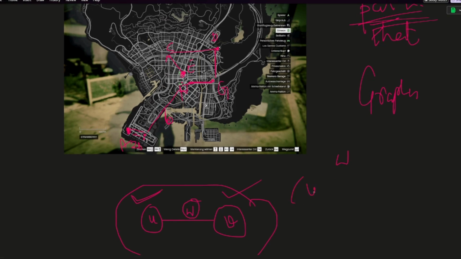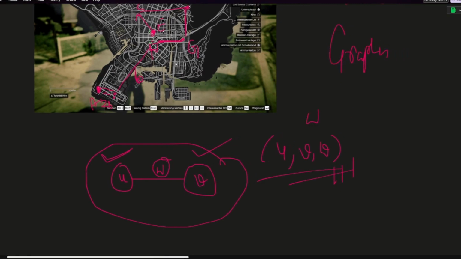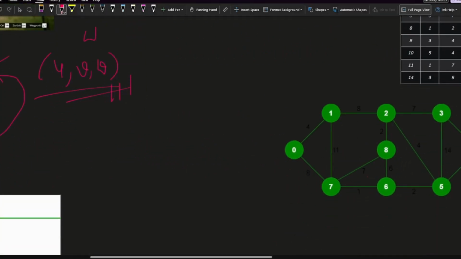So the edge would look like U, comma V, comma W. This is the edge of a weighted graph. For the same thing, I'm going to show you an example.